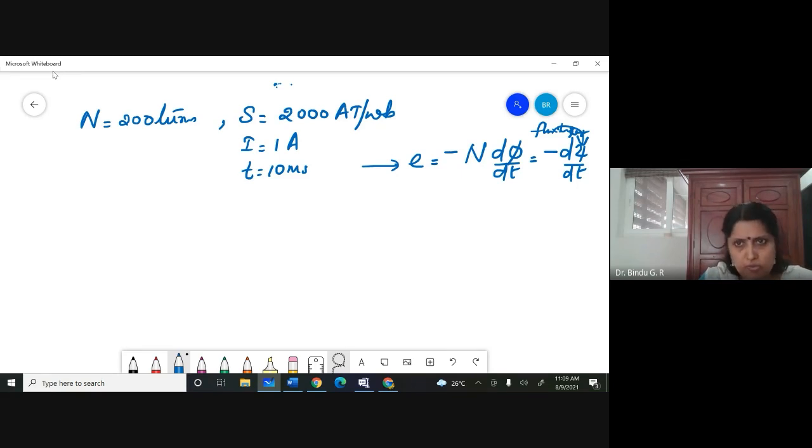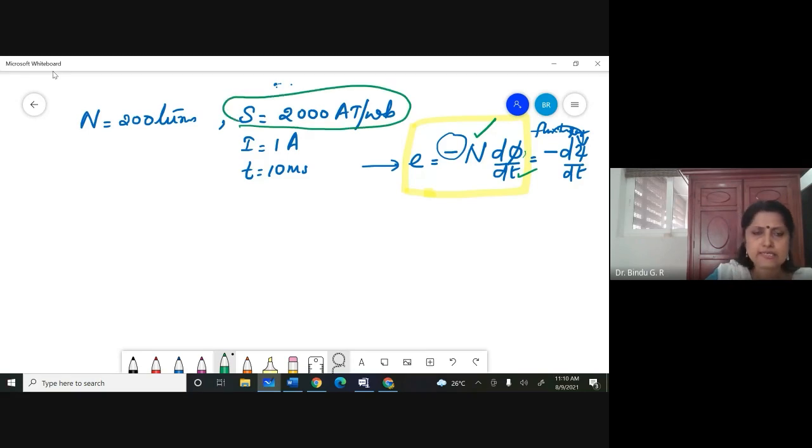For this problem, let us forget about the minus sign, since we are not concerned about the direction of the induced current. In this equation, we are asked to find E. We know the value of N, and we know dt. The only unknown is phi, which can be found given the reluctance. What is the equation relating flux, MMF and reluctance?